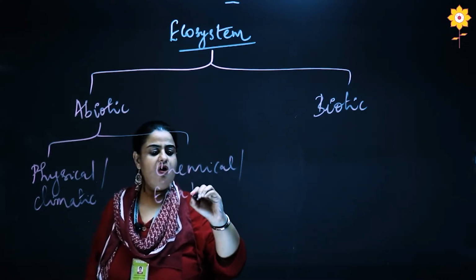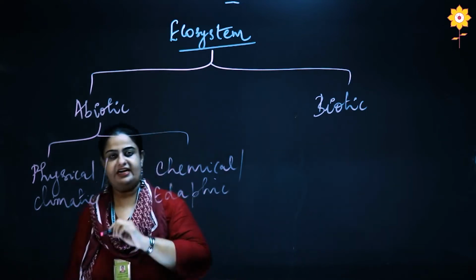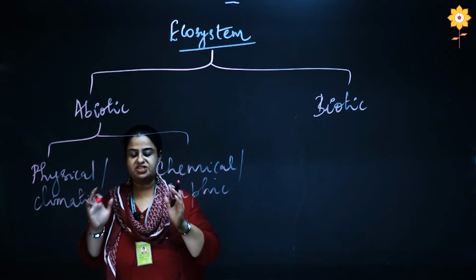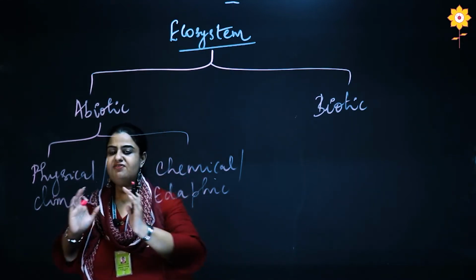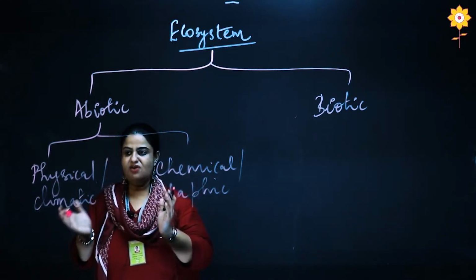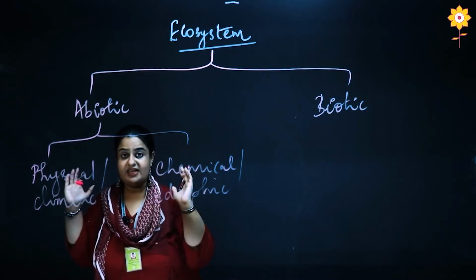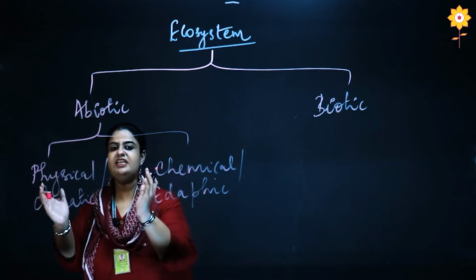Now when I talk about physical factors, this will include the rainfall, the sunlight, the temperature, the pressure, the humidity, everything that is around us, which provides the climatic atmosphere in the biosphere.